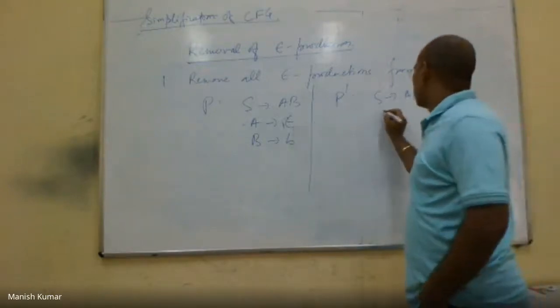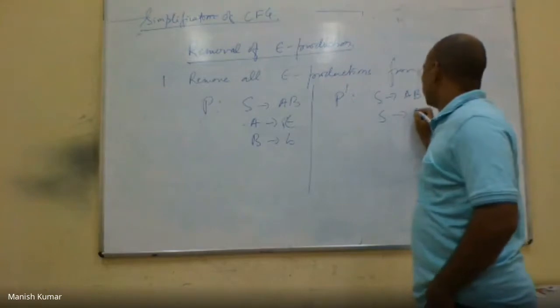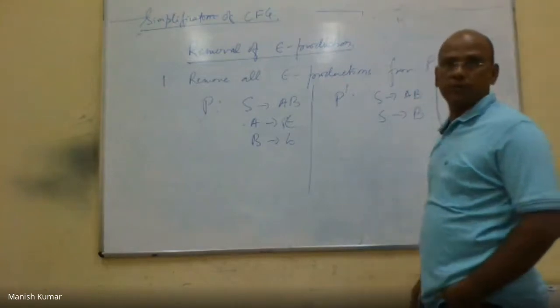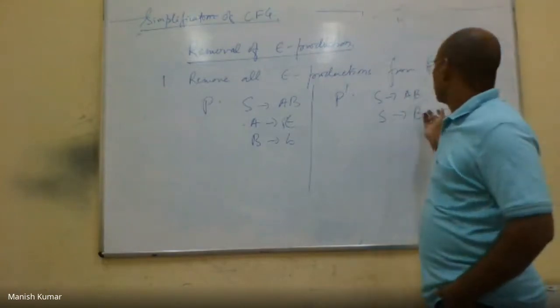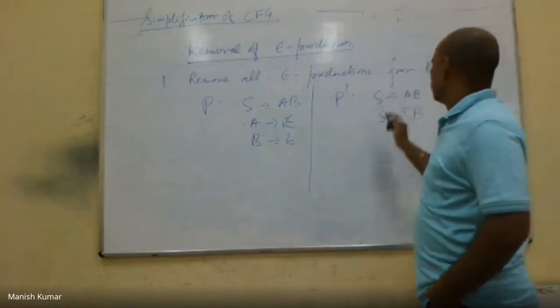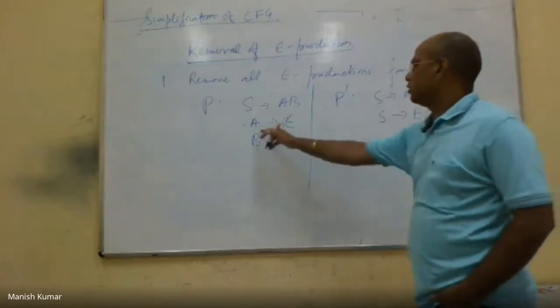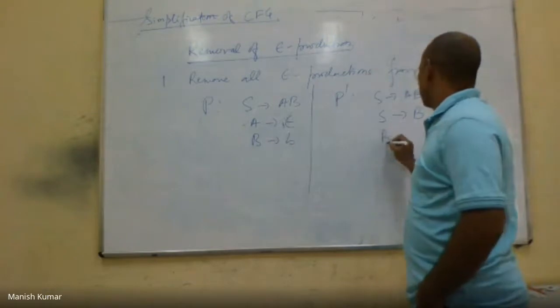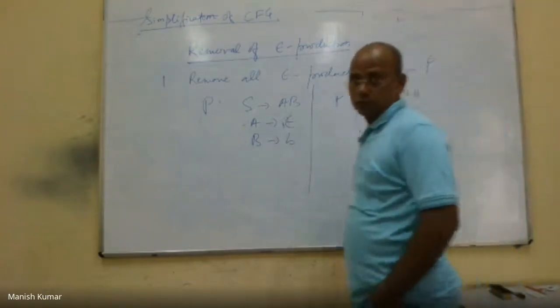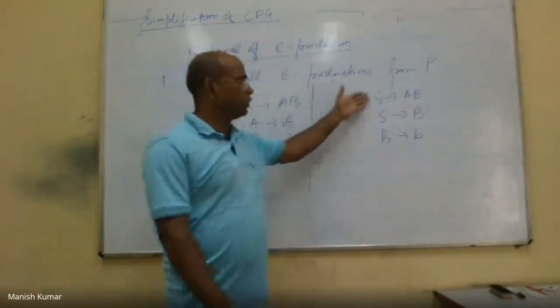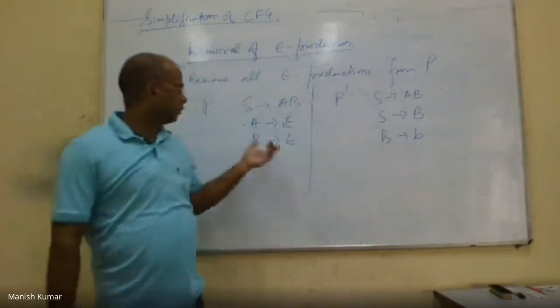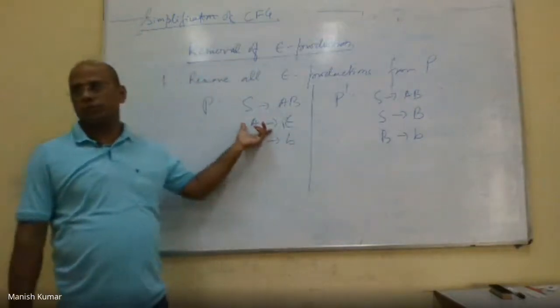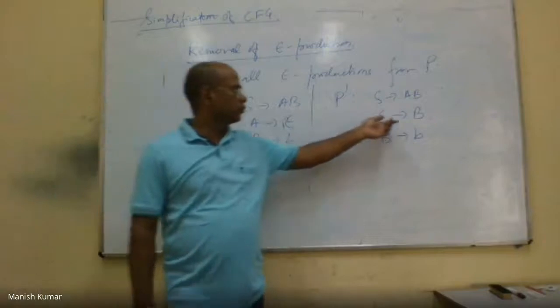If you do that, then S will go for B. Okay. Certainly B cannot be epsilon, this is 2 and then this BB is there. So this will be your resultant production set by eliminating this. Okay, this is your production.